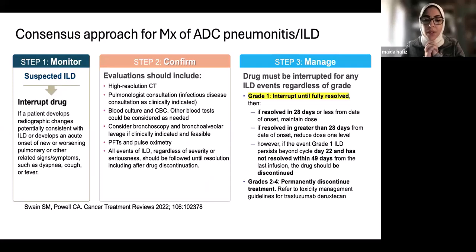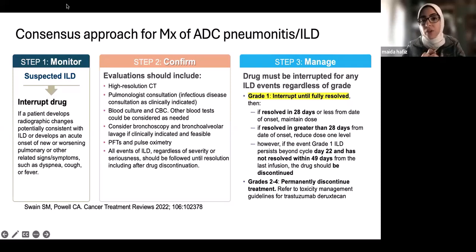The management of ADC pneumonitis is based mostly on recommendations from key opinion leaders. Whenever you suspect an ILD related to an ADC, which your suspicion would be based on any new radiographic changes potentially consistent with ILD, or new pulmonary symptoms or worsening of existing pulmonary symptoms, such as dyspnea, cough, or fever, then you would try to confirm it to as much certainty as you can, given that this is a diagnosis of exclusion.